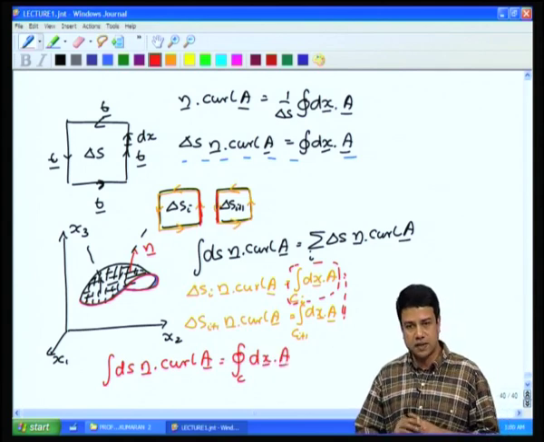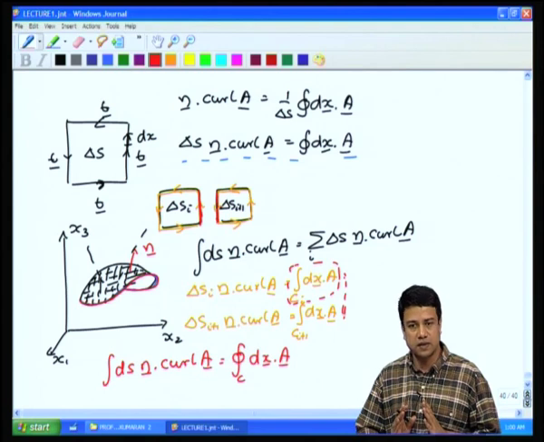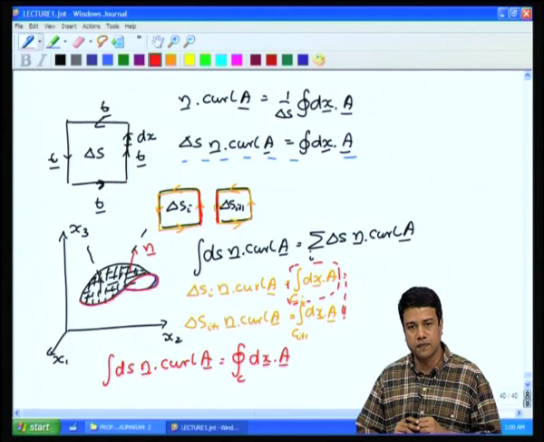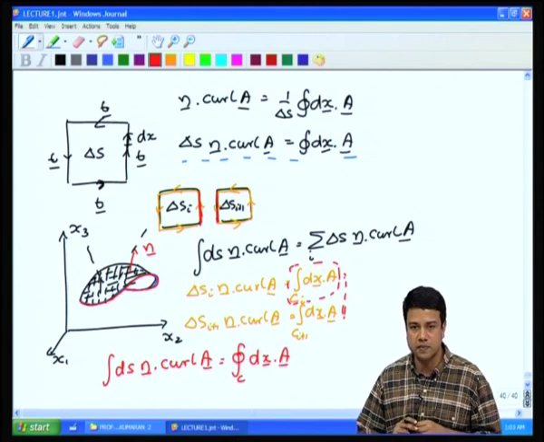Exact same bit of logic that we had used in the divergence. In that case, we looked at the surface integral between adjacent surfaces. Unit normals were in opposite directions, and therefore, they cancelled out for all parts of the surface which were between adjacent volumes. Same thing here for all parts of the contour which are between two adjacent surface patches.